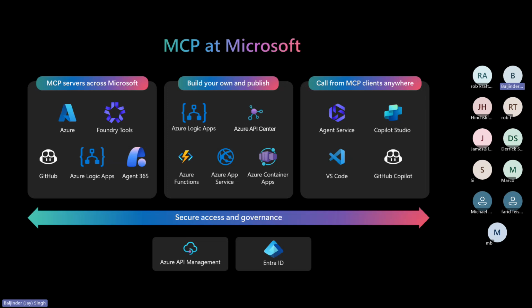What you see on the left: Azure Foundry Tools, Azure Logic Apps, Agent 365, and GitHub. All of these have been exposed as MCP servers. Some of these are new things that were introduced at Ignite. This means customers can leverage existing Microsoft services, or create new ones, as standardized endpoints for these agent workflows.